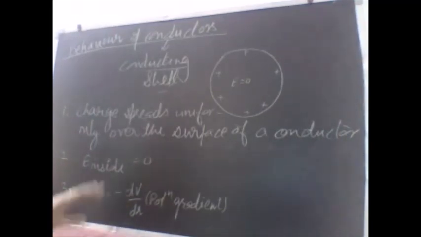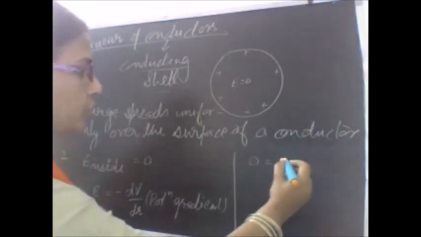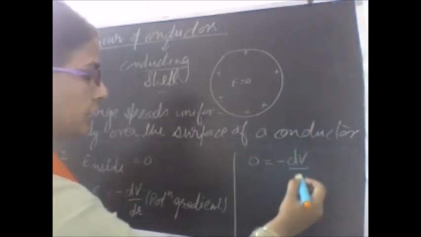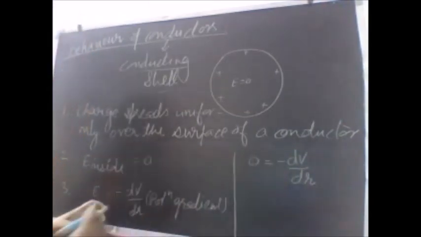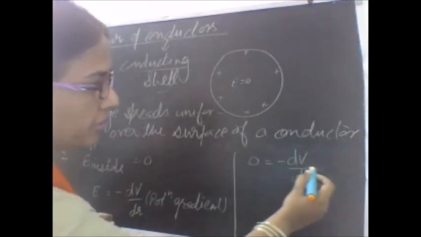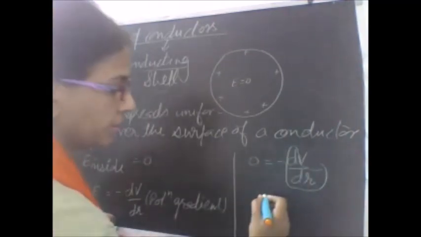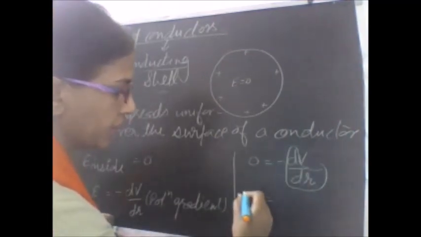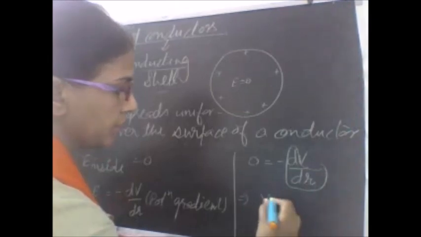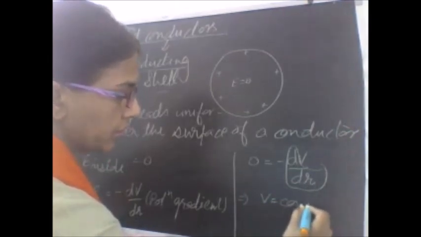So tell me, when the electric field is zero, can we rewrite this expression as 0 equals minus dV by dr, and this is a derivative. The derivative of what is 0? The derivative of a constant is 0. That implies V should be constant.